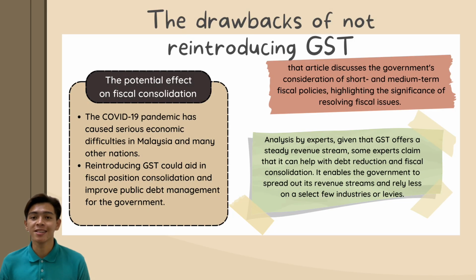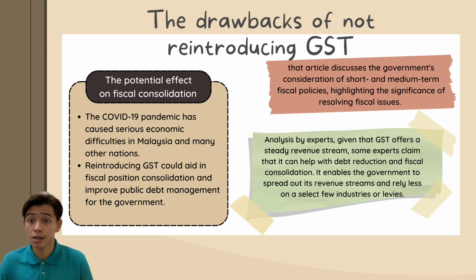The second one is potential impact of fiscal consolidation. Malaysia, like many other countries, has faced significant economic challenges due to the COVID-19 pandemic. Reintroducing GST could help the government consolidate its fiscal position and manage public debt more effectively.